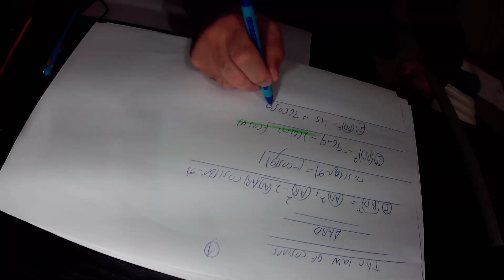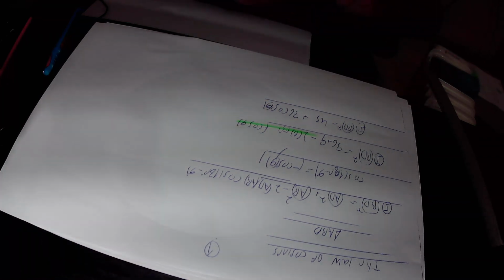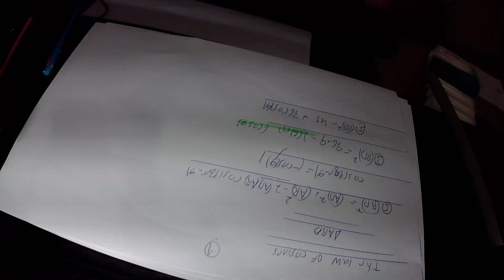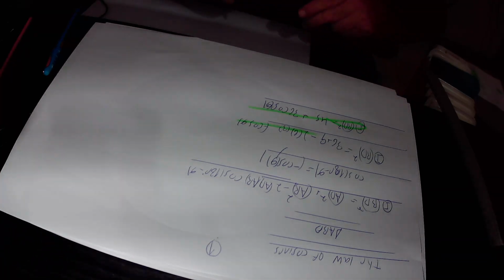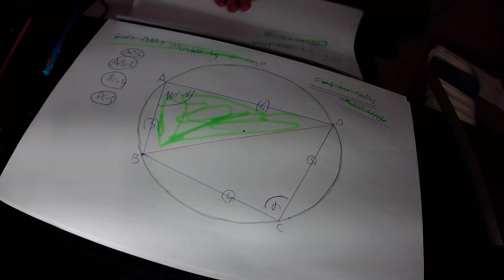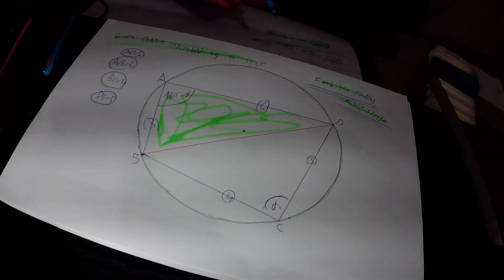So in total, according to equation 1, we found out that BD squared equals 45 plus 36 times cosine alpha. In the next step, we will apply the law of cosines in this lower triangle, triangle BDC.